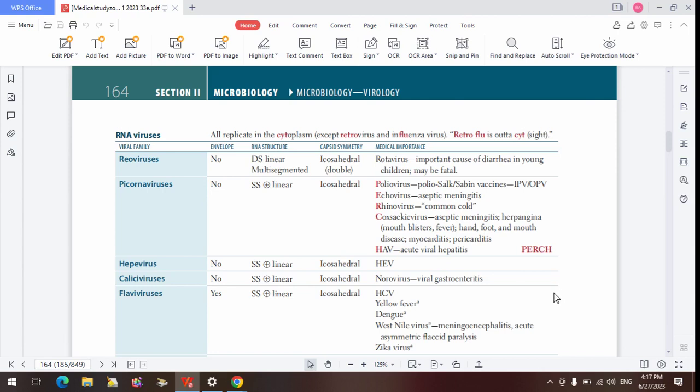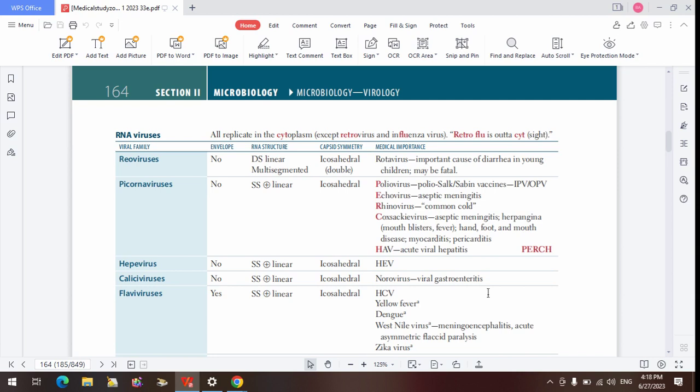So just remember your AB, Arena and Bunya, your Myxos, Orthomyxo, Paramyxo, then FR, which is the Filo, and the Rhabdo. That's all about the negative sense.